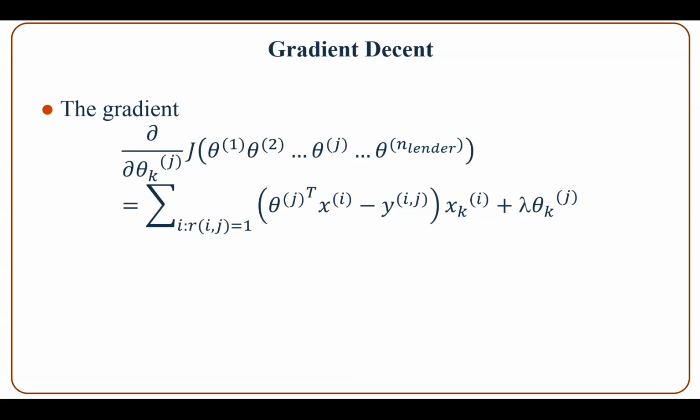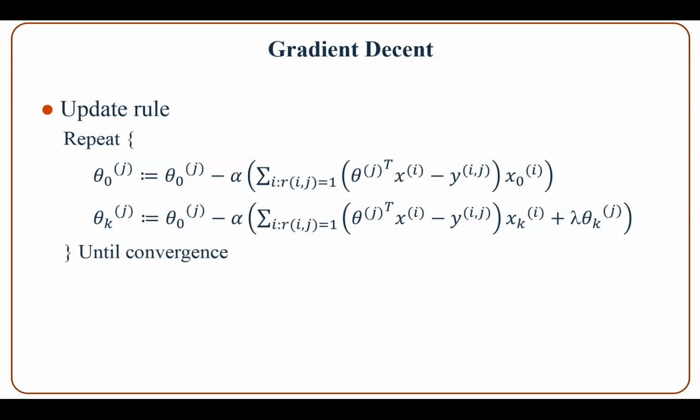From the cost function, we can calculate the gradient term. Taking the derivative of the first term, we get this. And here we have xki. It is because we take the derivative of theta j transpose times xi, and that's why we get this.